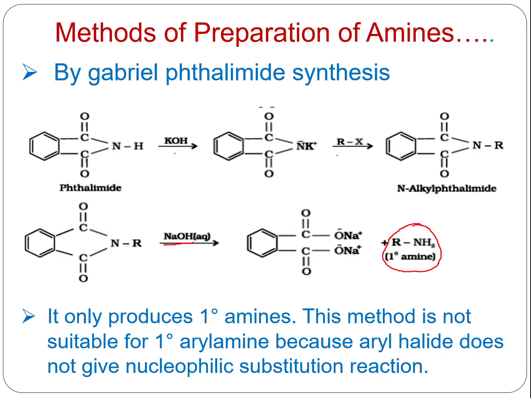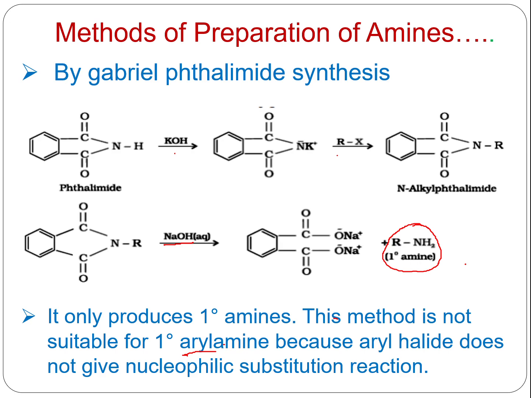This method is not suitable for primary aryl amines, that means only aliphatic primary amines can be prepared, but not aromatic amines, because aryl halides will not give nucleophilic substitution.